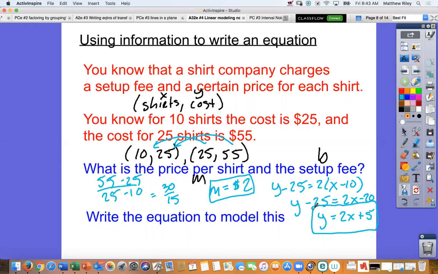So we're doing the exact same math. We're just putting a situation or some context with it. That's the equation. So what's my setup fee? My setup fee was my initial charge, which is $5, plus they're charging $2 per shirt. So make sure that you guys answer the question. Now, any questions on that?